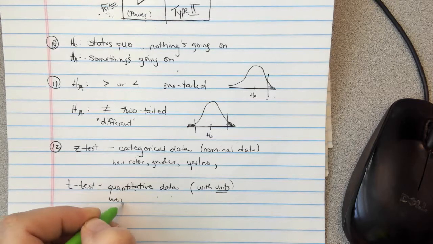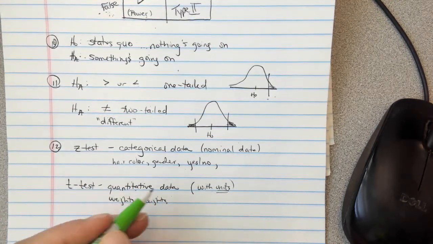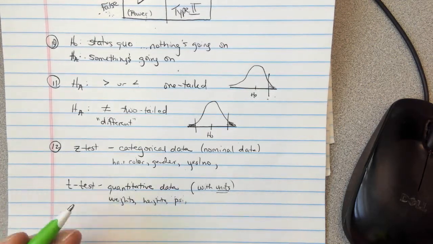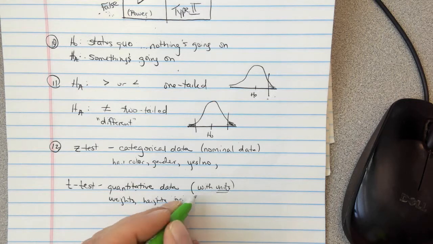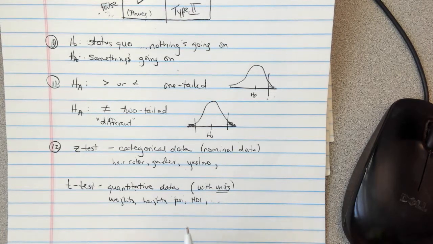So weights, heights, pounds per square inch. I don't know, just think that's a physics thing. Your blood pressure, so your HDL, cholesterol, those sorts of things. Things you would graph on a number line, you're going to use a t-test on.